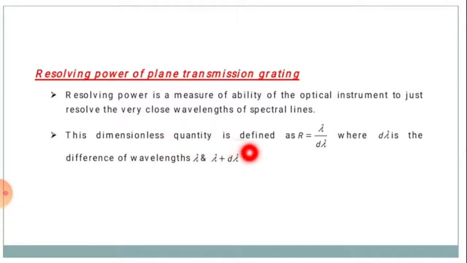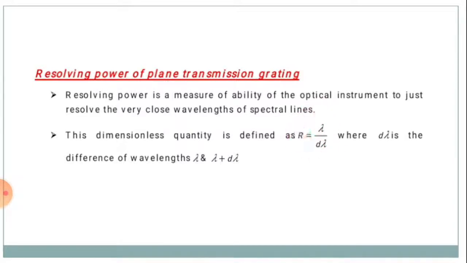The resolving power of a grating is represented by lambda by d lambda. It is the ratio between the wavelength of any spectral line and the wavelength difference between this line and the neighboring line. So the ratio of these gives the resolving power of a grating.